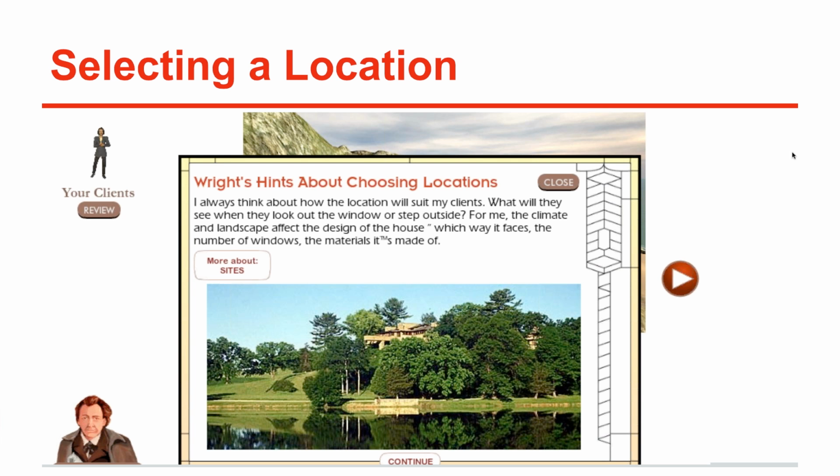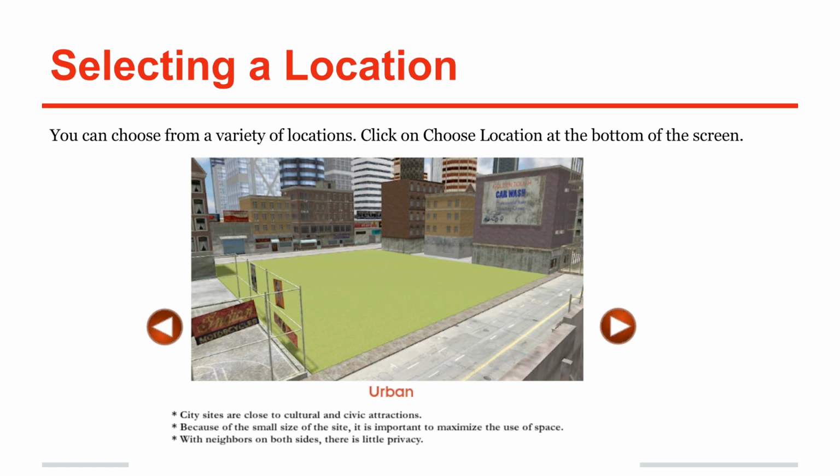Now, you can select a location. And what you'll notice is that it will give you more information about it. But if you hit close or you hit continue, it'll take you to your locations. Now, you can choose from a variety of locations.